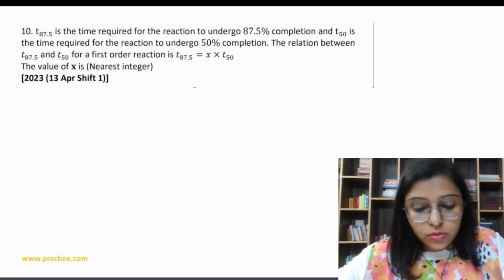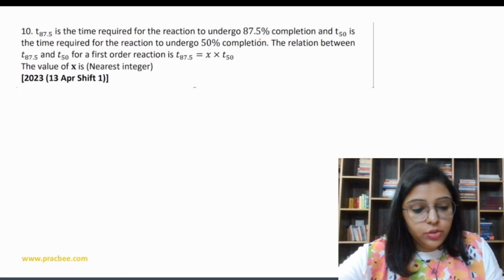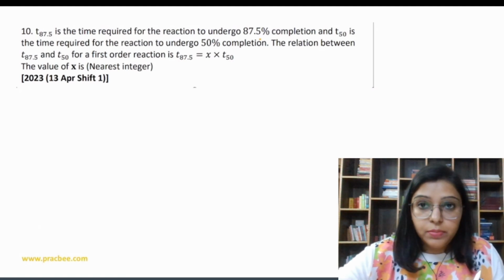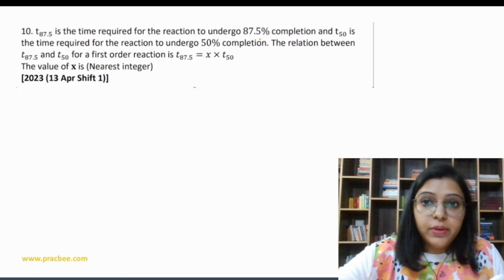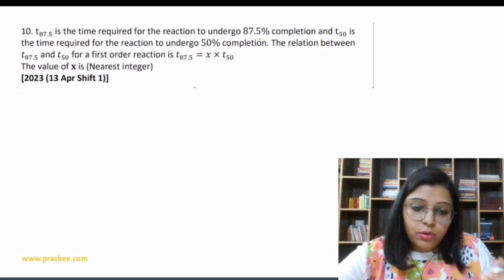Let's do the next question. T87.5 is the time required for the reaction to undergo 87.5% completion, and T50 is the time required for the reaction to undergo 50% completion. So the relationship between T87.5 and T50 for a first order reaction is... So basically, how to solve this?